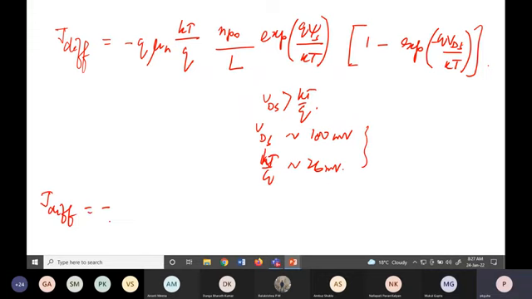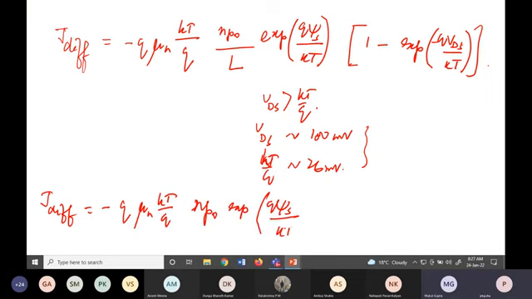We will end up with J diffusion equal to this expression, and it is possible to show psi s is proportional to Vg.